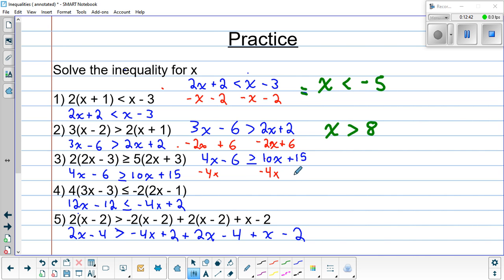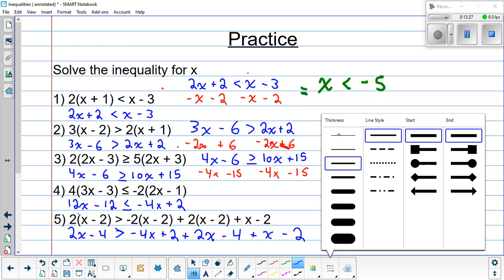That means we want to move this plus 15 to the other side, so we subtract it from the right, and we subtract it from the left, leaving us with negative, whoops, it should be in green, negative 21 is greater than or equal to 6x. So x is less than or equal to negative 21 divided by 6. Because don't forget, this had to be divided by 6, divide by 6, and then I just switch the sides, not the signs.